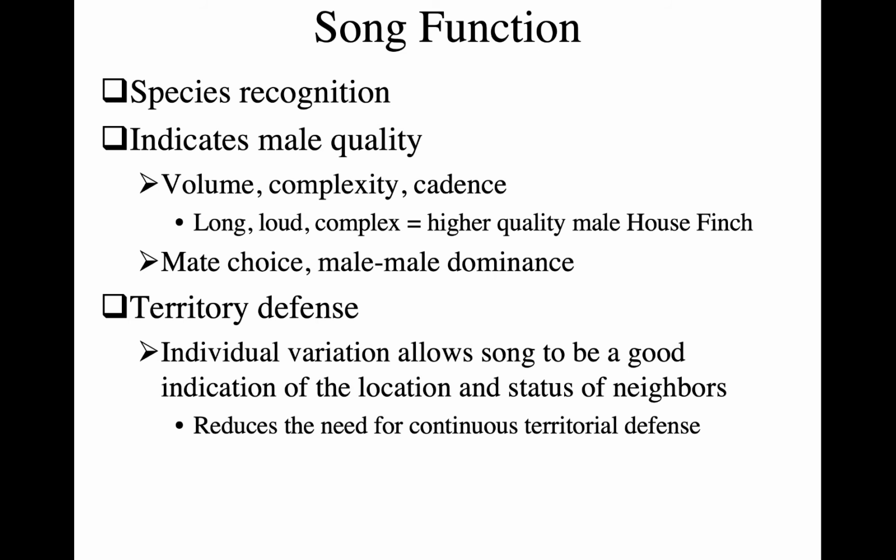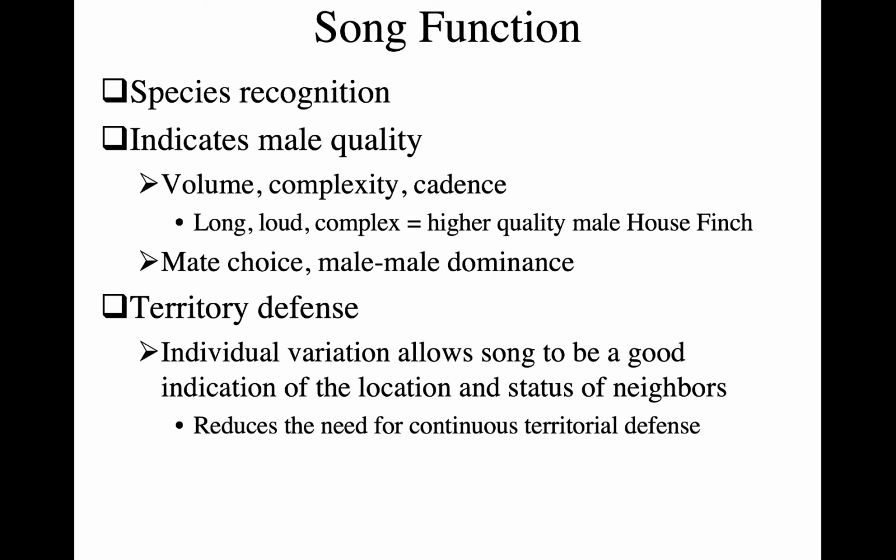But there's an additional function going on here. There is individual variation in different male vocalizations so that they can recognize each other. Because once they fight it out over territorial boundaries, they don't want to have to keep doing that the entire breeding season. So by learning each other's vocalization, if Bob sounds different than Robert, well, I guess Bob and Robert are the same, right?